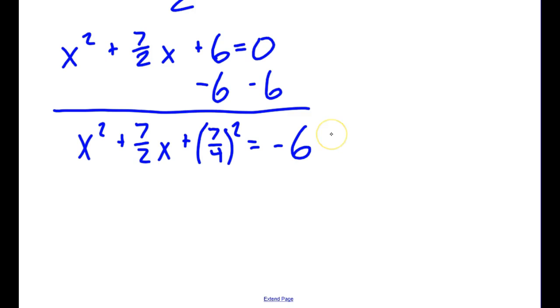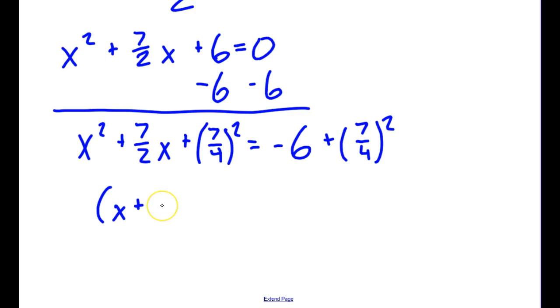If I add that to one side of the equation, I have to add it to the other side of the equation as well. The left side, now this is a perfect square trinomial, which means it will factor. It's going to factor into x. Our b value is positive, so we have plus.